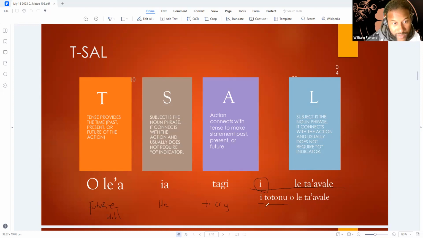So it doesn't always have to be tense, action, subject, location. It could also be tense, subject, action, location. But whenever you put the subject there, it has to be a pronoun, specifically a pre-verb pronoun, the row that goes before the action.